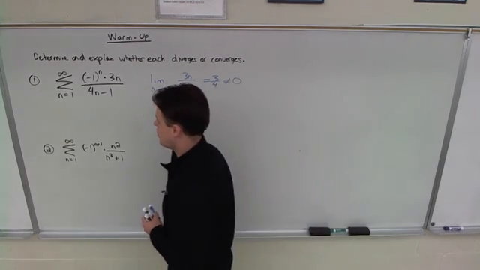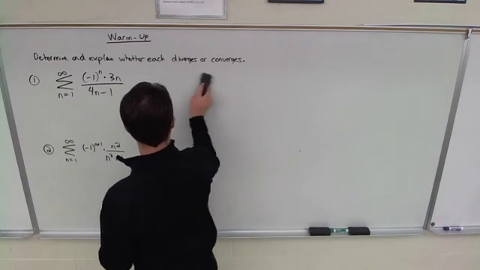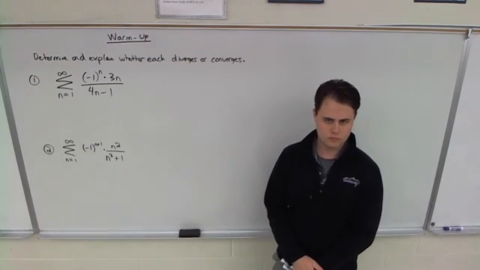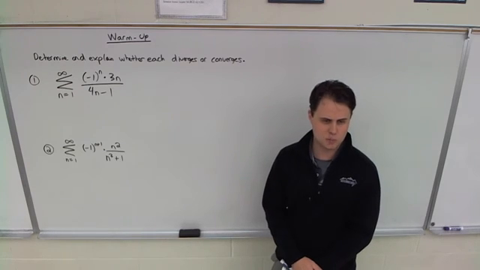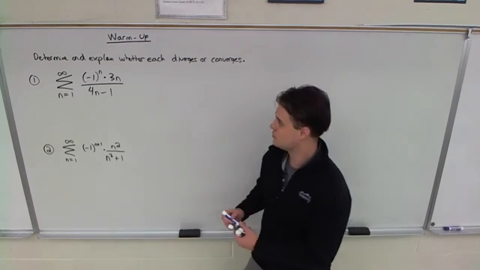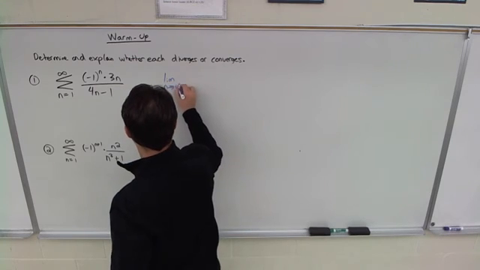So, what then? Try something else. It could converge, but the divergence test, what does the divergence test say? If the limit as n goes to infinity does not equal 0, then it diverges. Yeah.